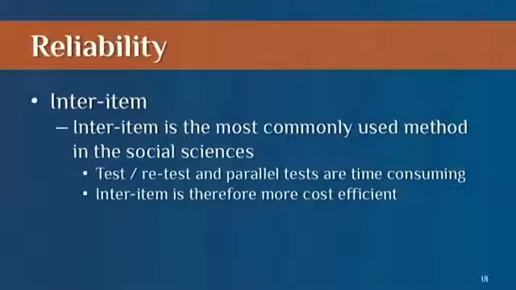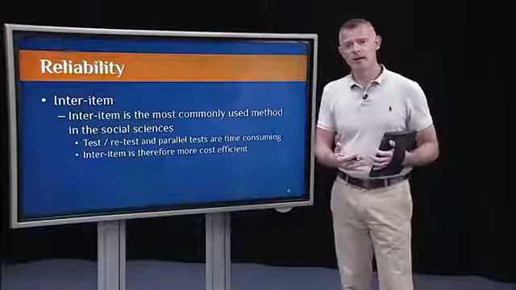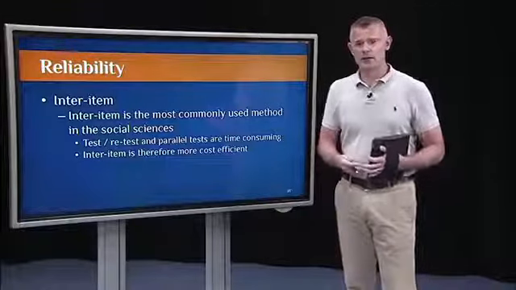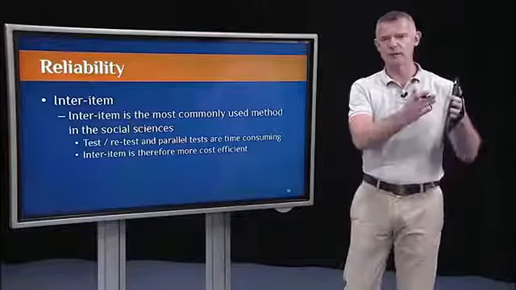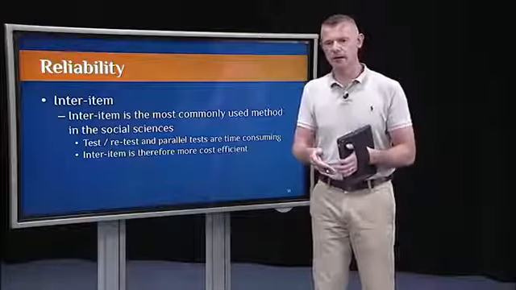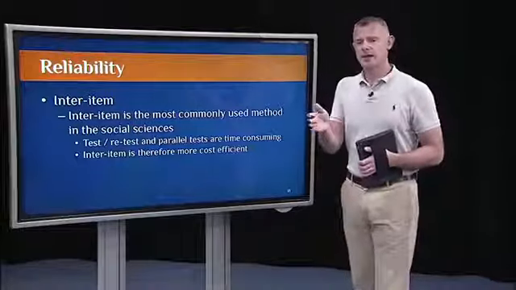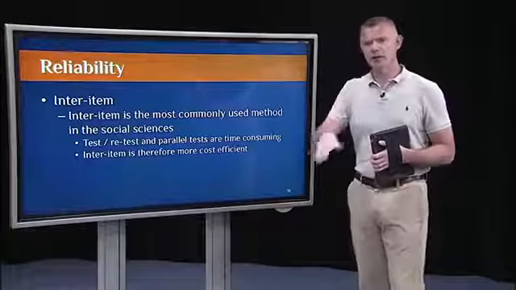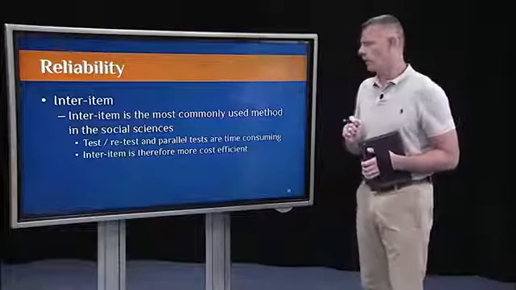When we conduct research in the social sciences, we're often doing research on human subjects, and that takes a lot of people's time and often money. So it's hard to get them to, say, take one assessment and then come back a couple weeks later and just do it again so that we can get a reliability estimate. Instead, we try to build in a reliability estimate in one measurement, at one time point.